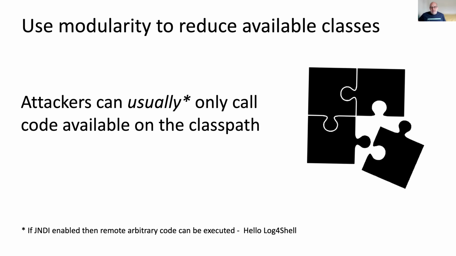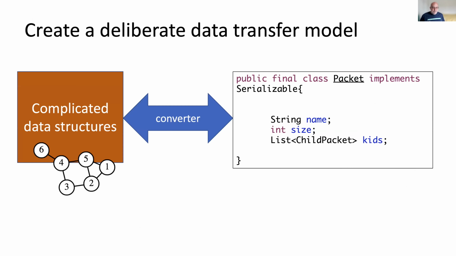There are other things that you can do, but this takes you now into the idea of just designing differently. So the first thing you can do is say, I'm not going to use Java serialization at all, or maybe in this case, what I'll do is I'll do it slightly differently.